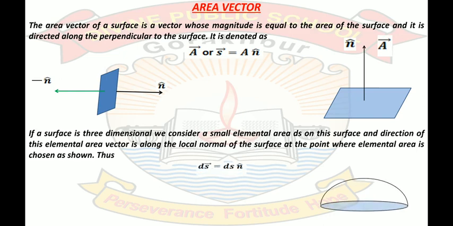Suppose we take a hemisphere. On the hemisphere we take an elementary area, let this elementary area be ds, then its direction will be perpendicular outward from the surface.